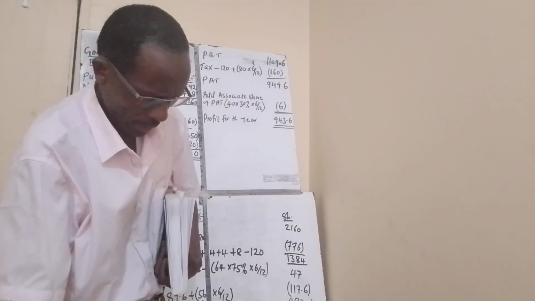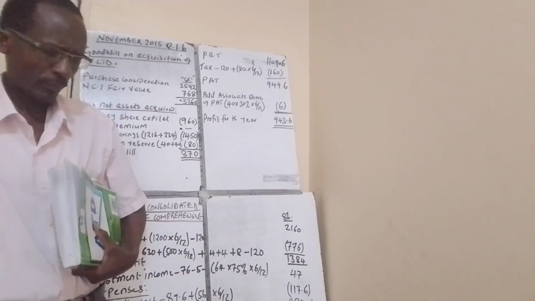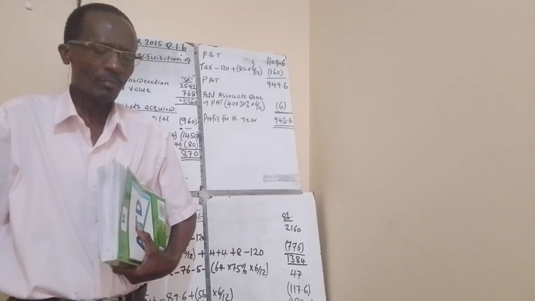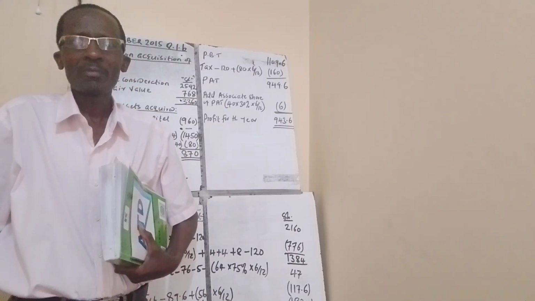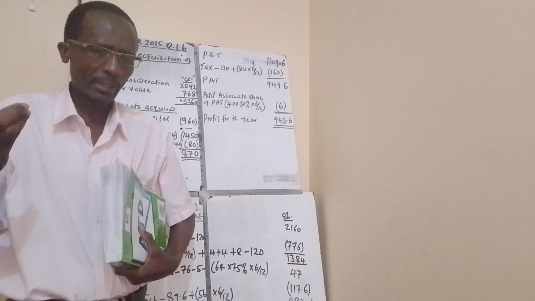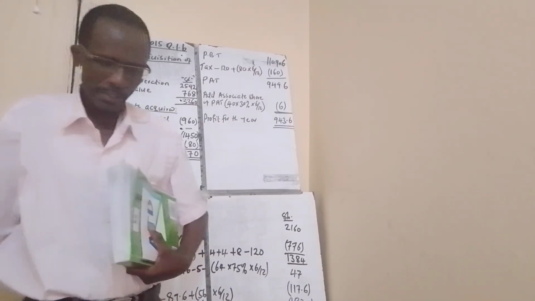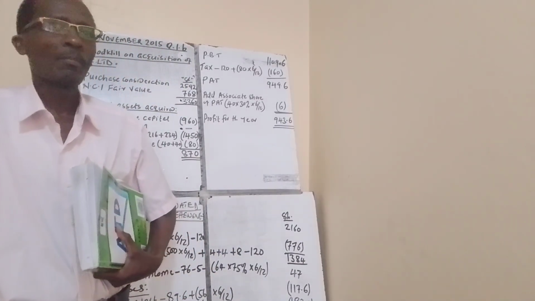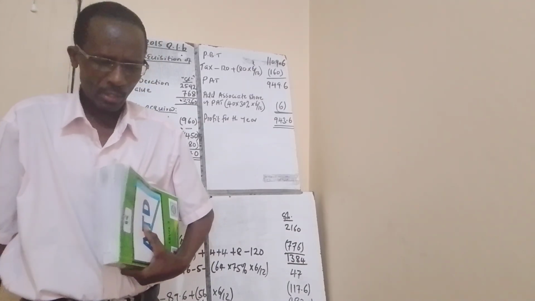Again, with the group accounts, especially the consolidated income statement, we understand how to consolidate income statements, and we'll be taking the revenue from the parent plus the revenue from the subsidiary.